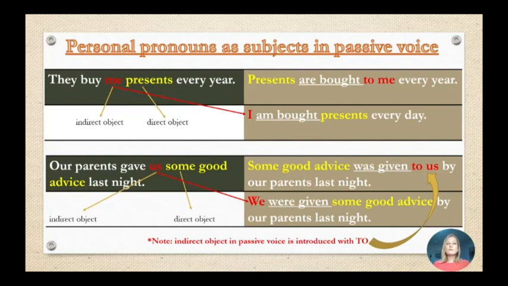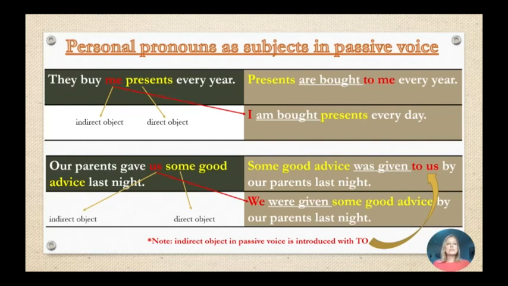So when we have two objects in an active sentence, of course we can make two passive sentences. One will start with the direct object, like presents, and the other one will start with the indirect object, and that's the word me. But what should we be careful about? We can't start the sentence with me.